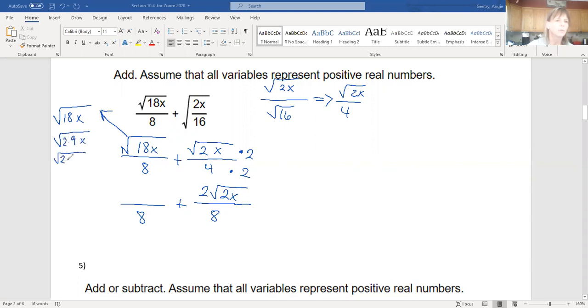Square root of 2 times 3 squared times x, right? And then do you see how the 3 comes out and the 2x stays under? Okay. So I should have done that already. And now I have a common denominator. I can go across.